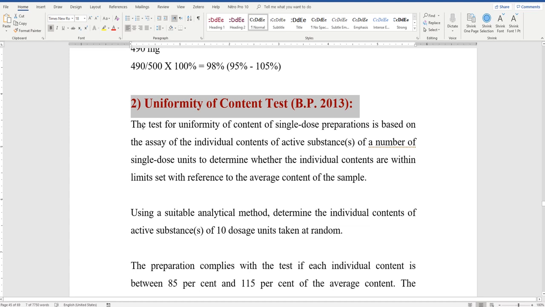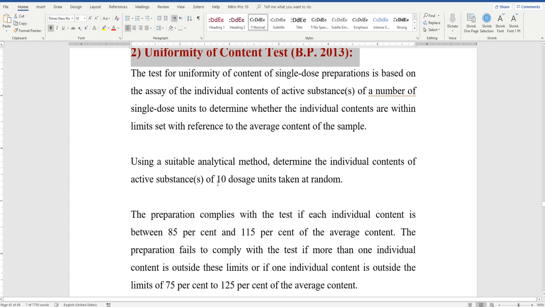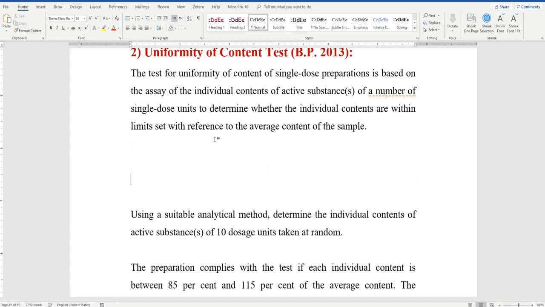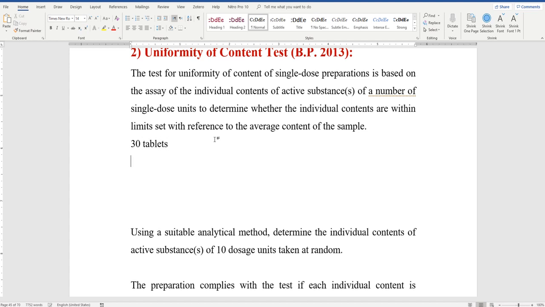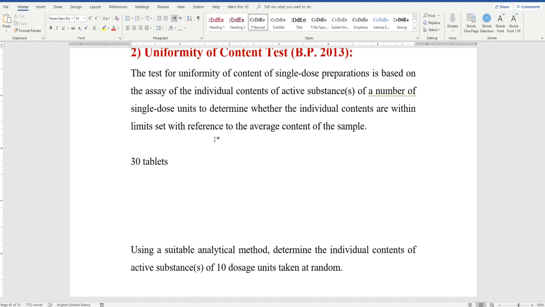Okay, how do you do this test? First, randomly you take, let me write it for you because it's a little complicated. First, take 30 tablets randomly, meaning from the batch you produce, take 30 tablets. Then from the 30 tablets take 10.